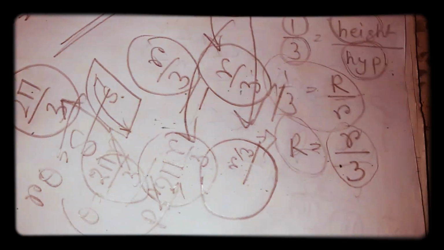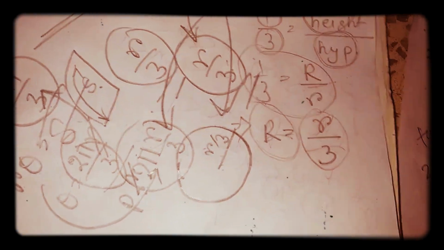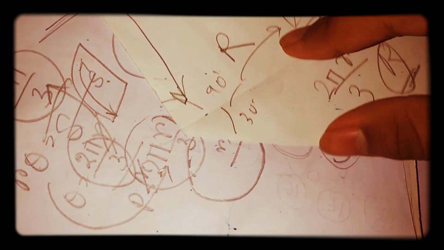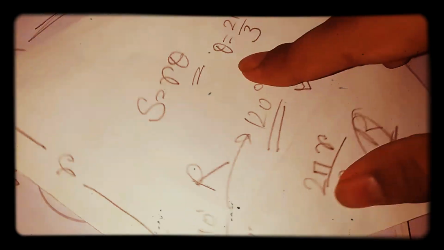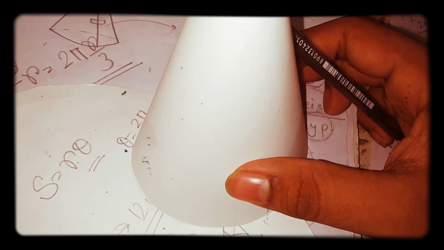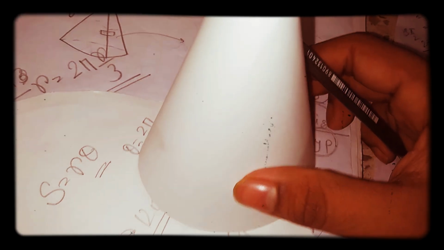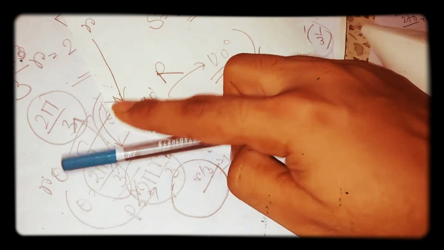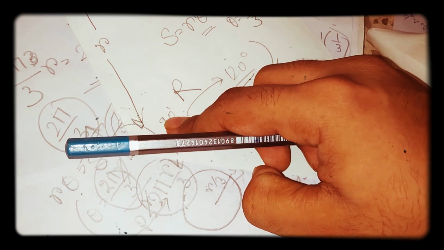It is absolutely right, because the sector angle is 90 plus 30, that is 120 degrees, with the arc length 2 pi by 3 r. In this way we obtain the cone of semi-vertical angle sine inverse 1 by 3. So theta is 2 pi by 3, which means this angle is 120 degrees.